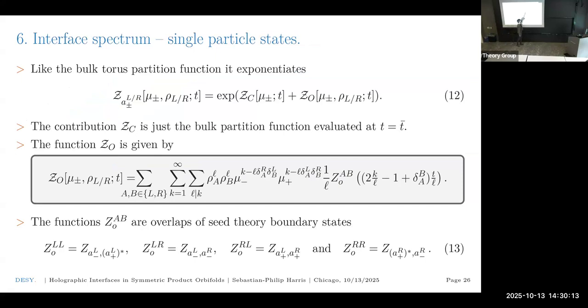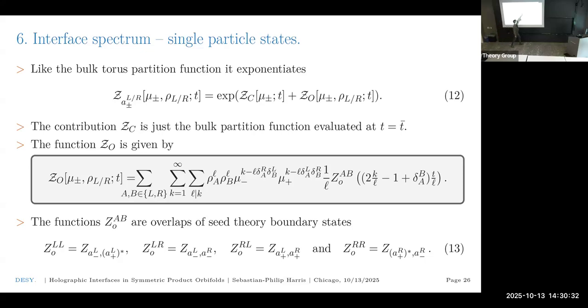and again you find that it exponentiates, with an exponent that's the sum over connected coverings. This part is exactly the same as the one that we've already seen for the case without interfaces, because this is just the connected coverings of the torus by the torus.